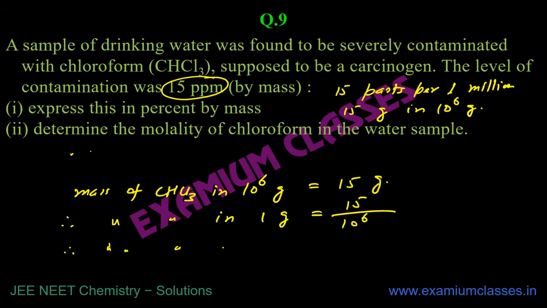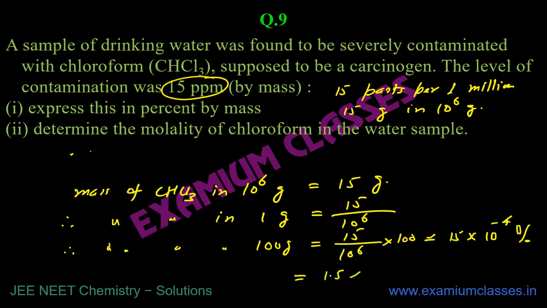And hence mass of CHCl3 in 100 grams will be 15 divided by 10 power 6 into 100. That is 15 into 10 power 2 into 10 power minus 6, 10 power minus 4 percent. Or in standard scientific notation, it will be 1.5 into 10 to the power minus 3 percent.